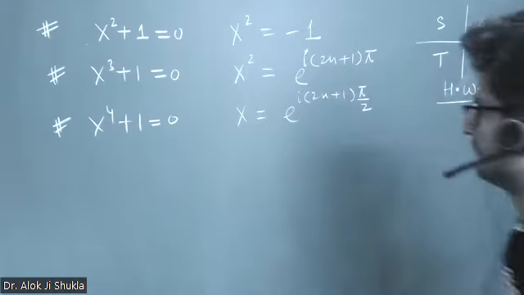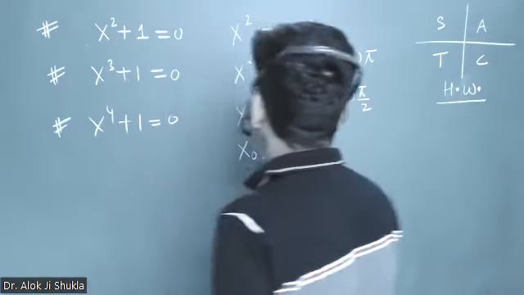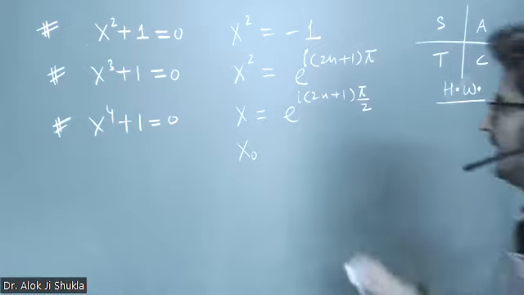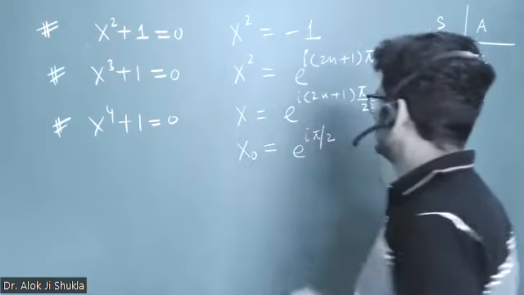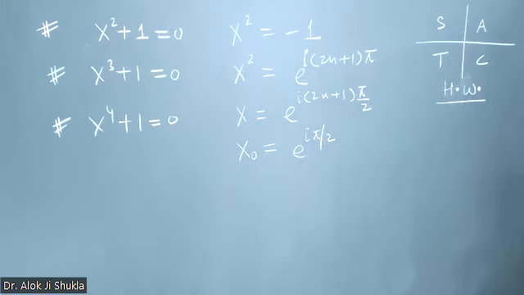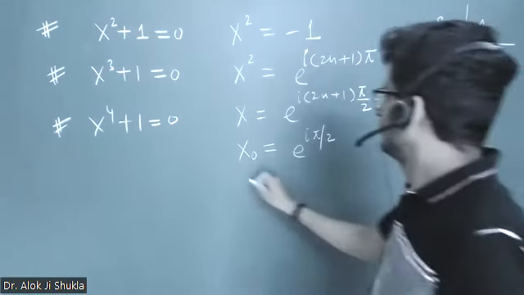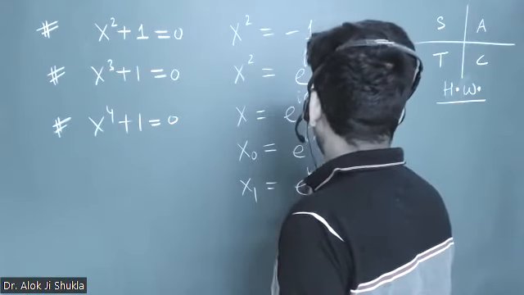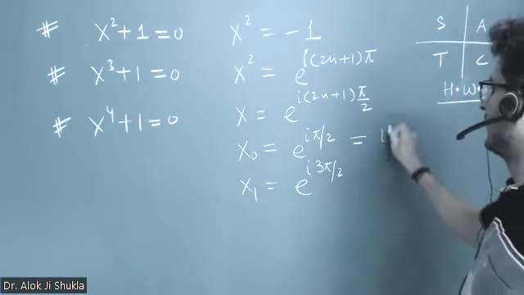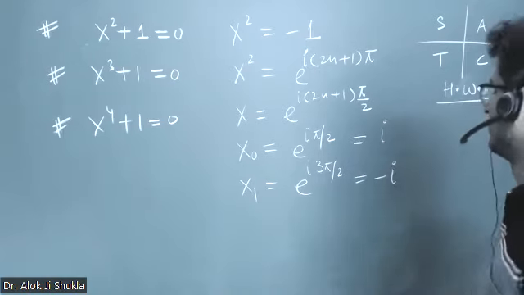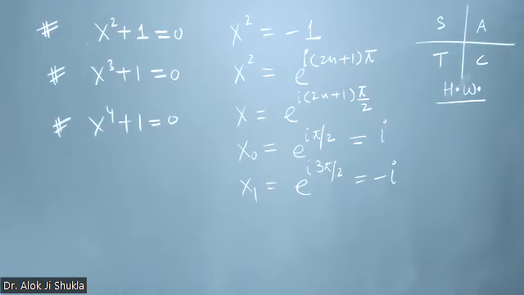And x0 is e to the power iota pi by 2. And x1 is e to the power iota 3 pi by 2. This is iota. This is minus iota. So these are the roots of this equation. Correct?